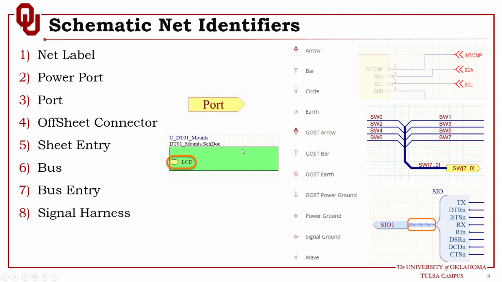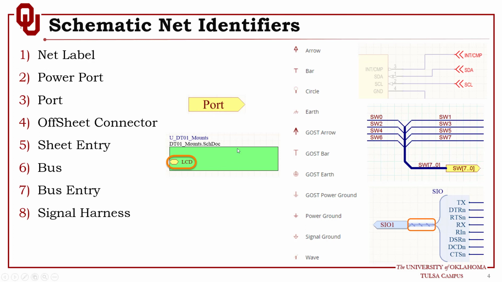This is the entry, and this is a sheet symbol. This is the entry, sheet entry, and it's placed within a sheet symbol. This is the green one, a sheet symbol, to create a connectivity to a port of the same name on that sheet symbol's child sheet.